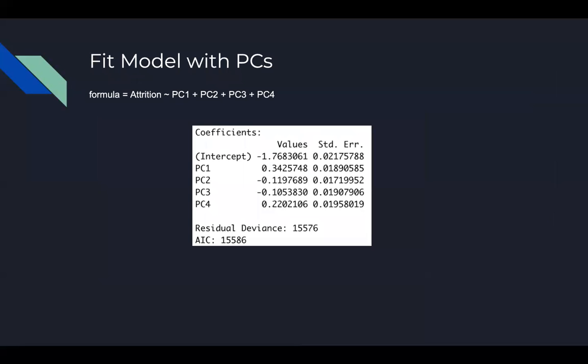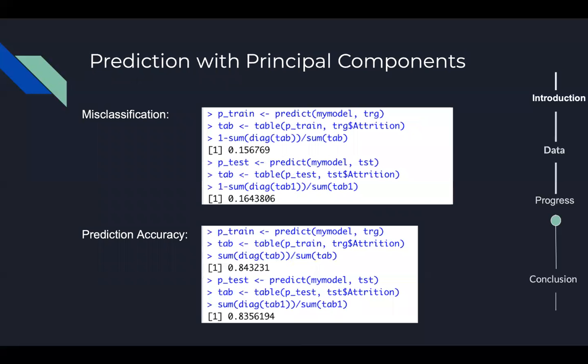So this is the result from my model, but how accurate is the model? Is that enough for prediction? So I created the misclassification calculation here, and also the prediction accuracy. They're almost the same thing, just from different angles.